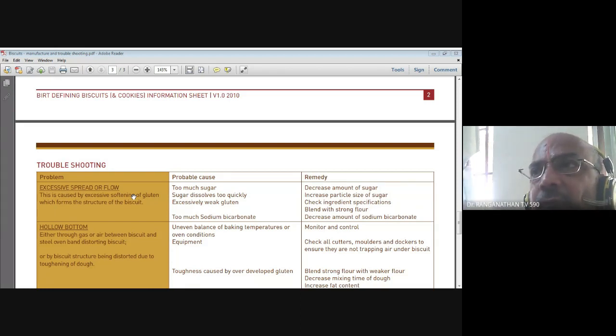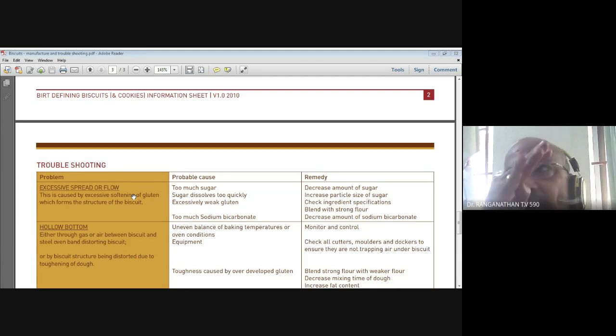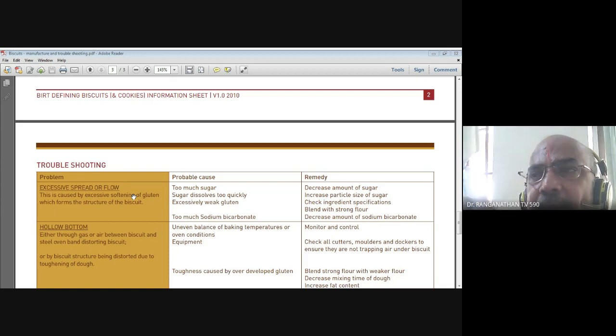Whereas in the case of a biscuit, what normally happens is that if you put the biscuit shape, of any of the types, maybe sheeting and cutting or any other, say initially I put it at a size of 10 by 10 centimeters. What you will observe with excessive spread or flow is that after it comes out of the oven, the length or breadth, instead of 10 by 10, might be something like 7 by 10.